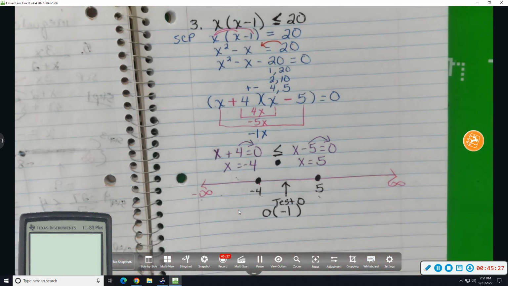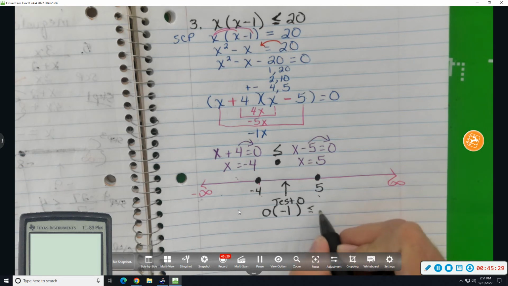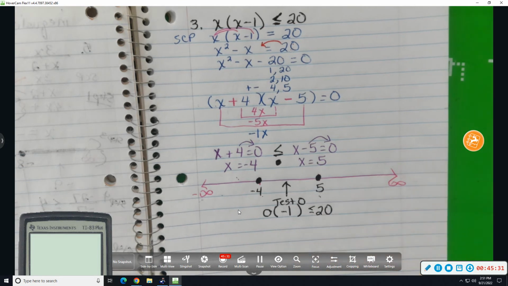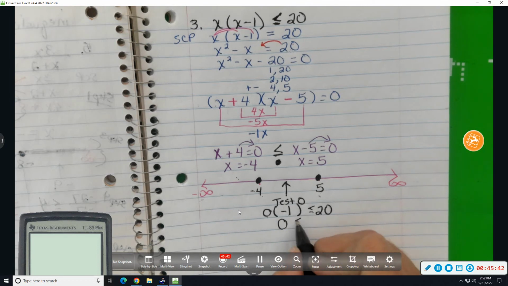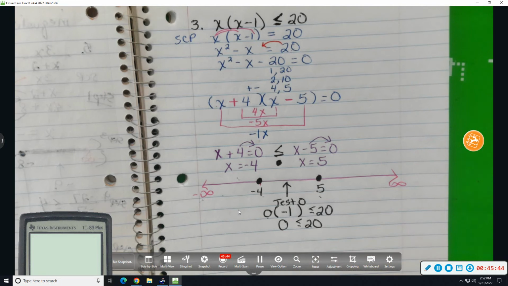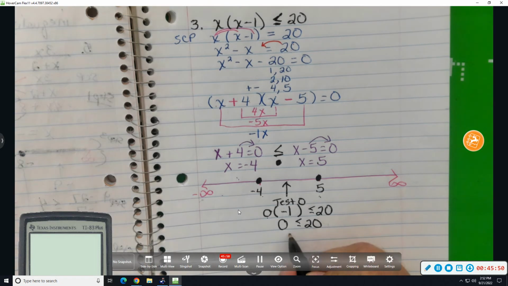That's a negative 1. What we're trying to do is decide, is this true or false? If it's true, we shade it. If it's false, we cross it out. 0 times negative 1 is 0. So it's sure not equal to 20, but is it less than 20? Yeah. So I'm going to say true here.